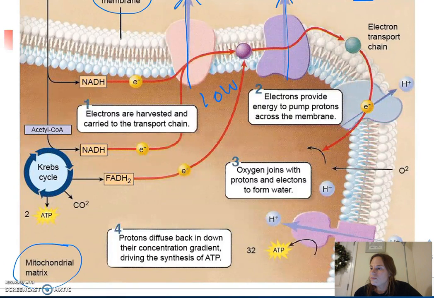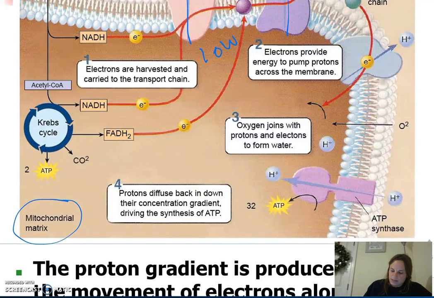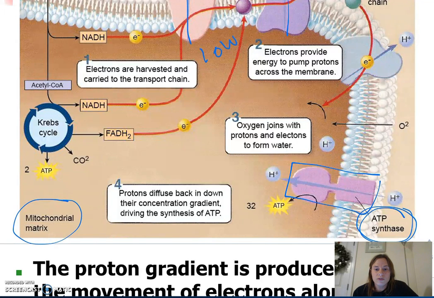How do the hydrogen ions move back across the membrane from the intermembrane space into the matrix? That's through this guy right here, ATP synthase, and it's through facilitated diffusion that the protons are able to move from their higher concentration back to their low concentration.